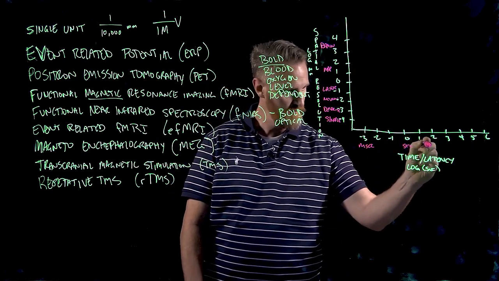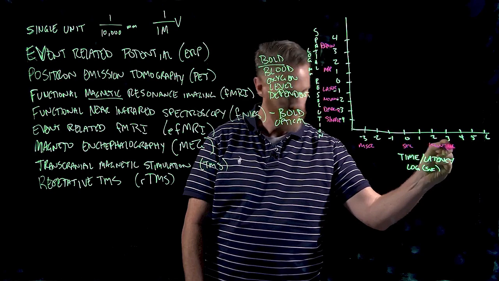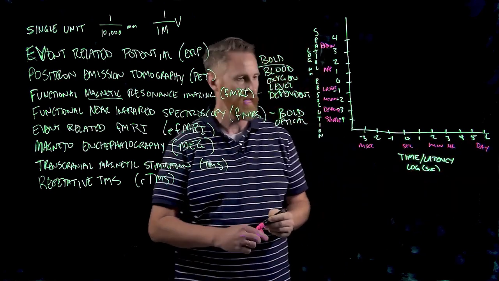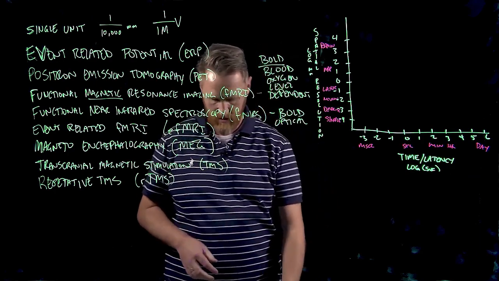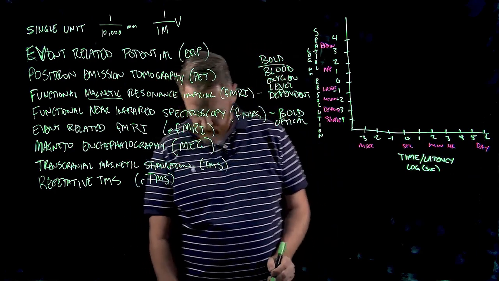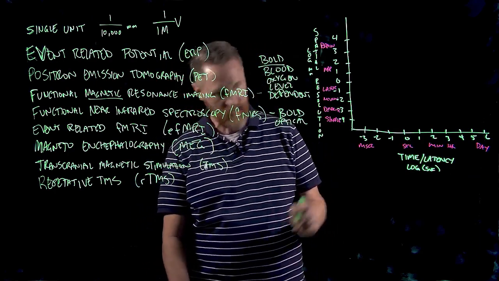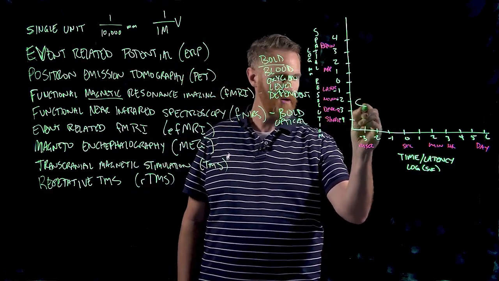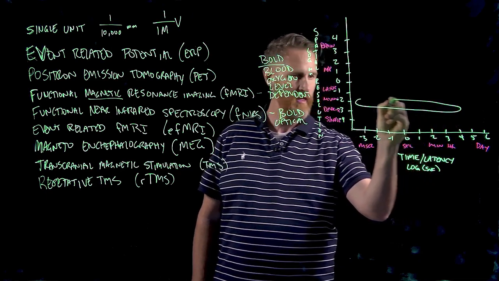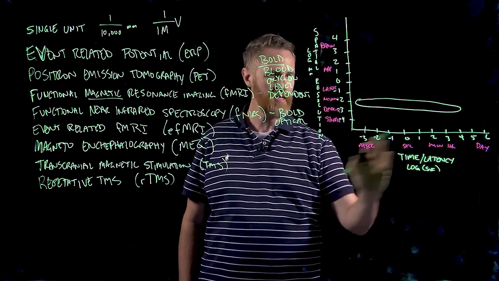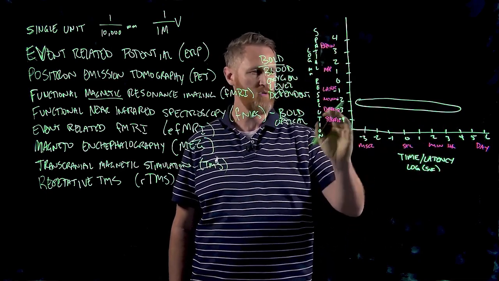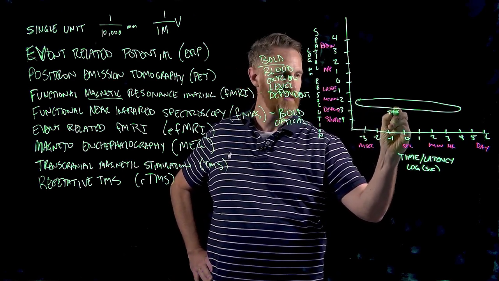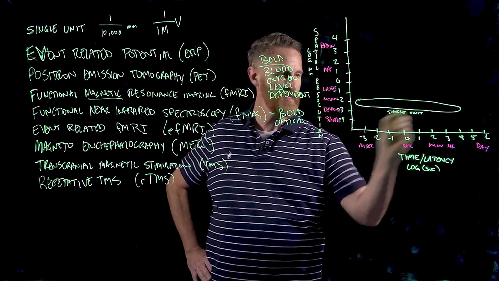This would be a minute, an hour. This would be like a day, right? Day latency to process. So what you have is the single cell is going to be something along here where this is the time latency and the spatial resolution that you have from a single unit device. Single unit.